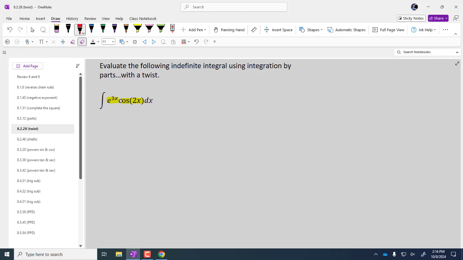So with integration by parts with a twist, we're once again going to pick a u and a dv. We just know that we're going to have to do this twice. So for u, it's not going to matter. When you have integration by parts with a twist, it really doesn't matter which you pick for u and which you pick for dv.